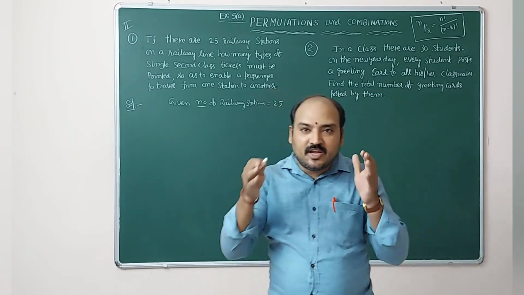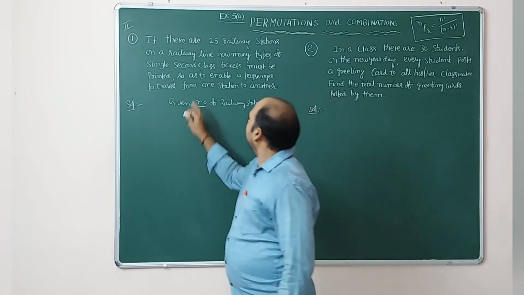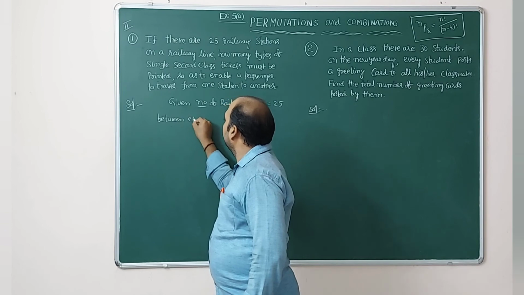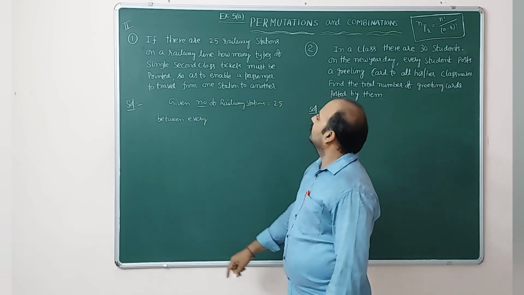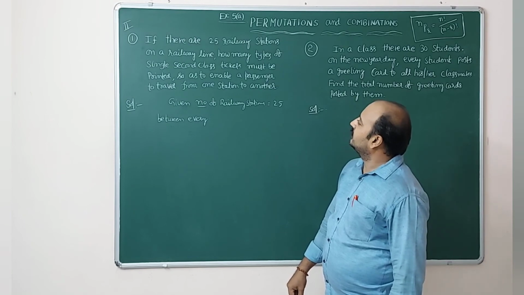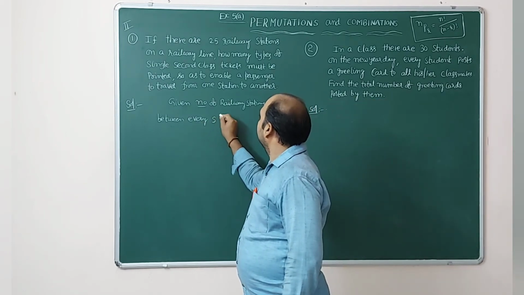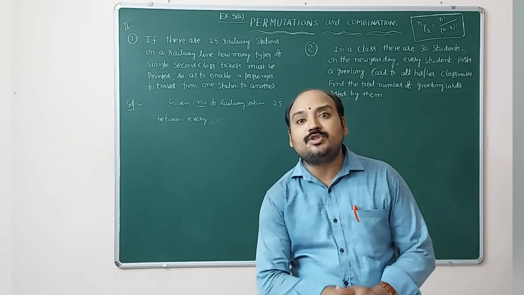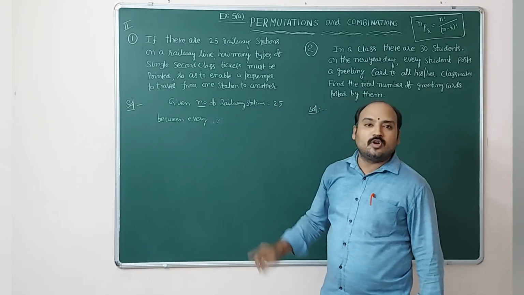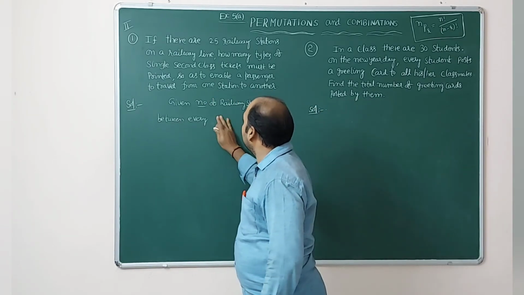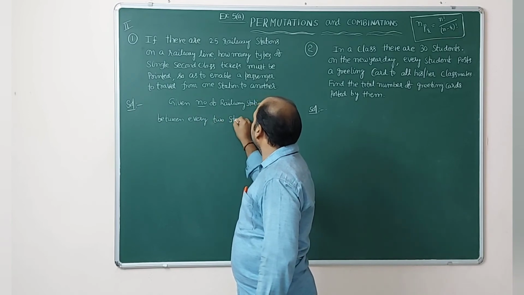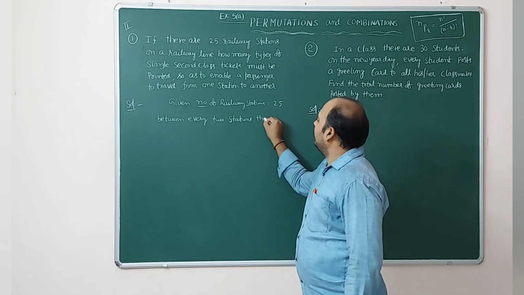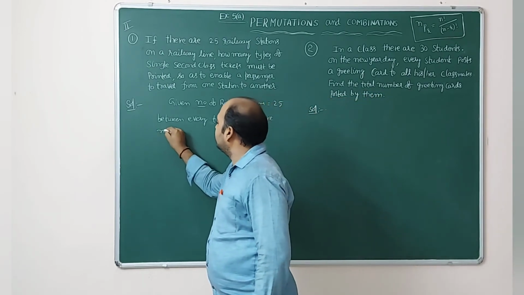After that, between every station to station, between every two stations, one station to another station. So between every two stations, there must be a ticket.